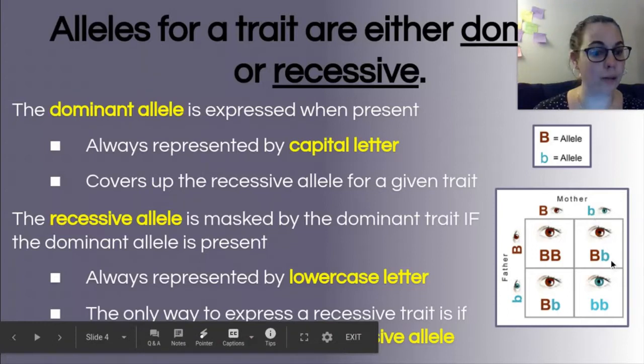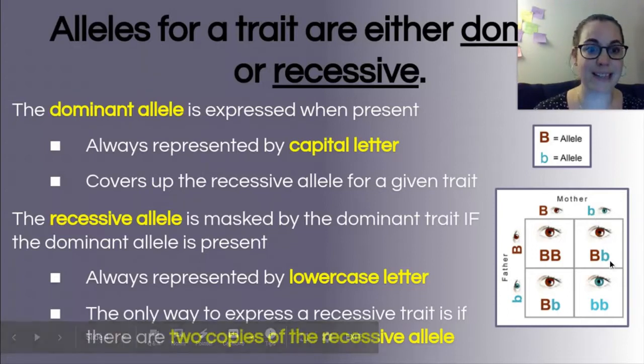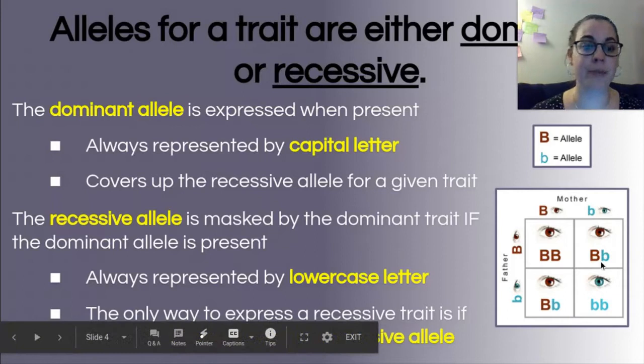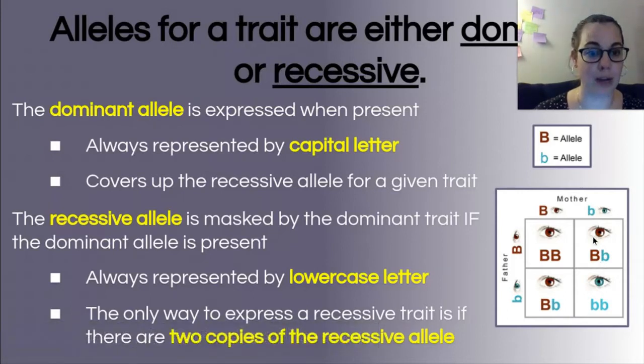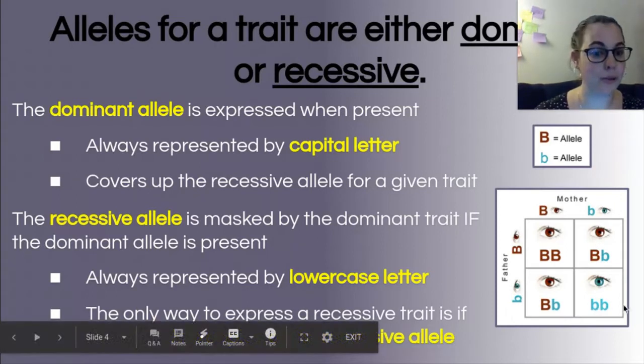Mom gave a lowercase b, but that gets hidden by the capital B inherited from dad. So this offspring is going to have that brown eye, that dominant trait. In this case, we get 2 lowercase letters, 1 b from mom, 1 b from dad. So this person will express that blue eye color, the recessive trait.